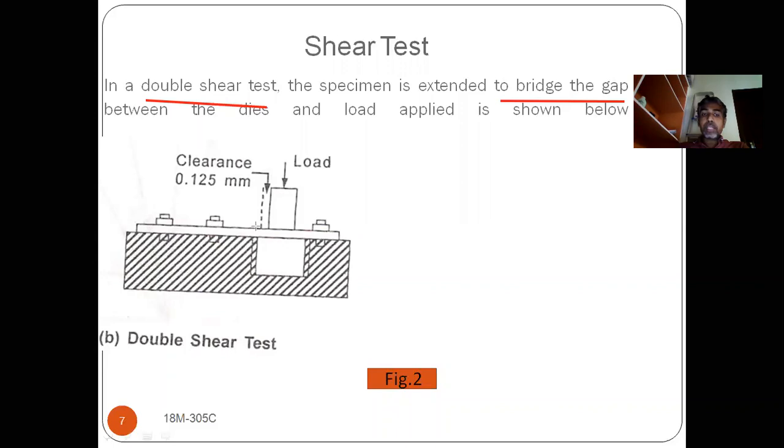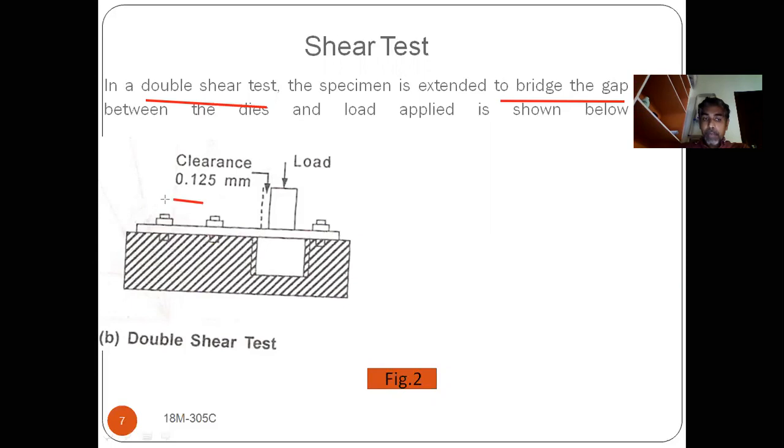First you have to take the specimen and clamp it to the base. But see here, the projection part is not here. It is clamped, bridging the gap between the dies. This is the die portion, and it is filling the gap.